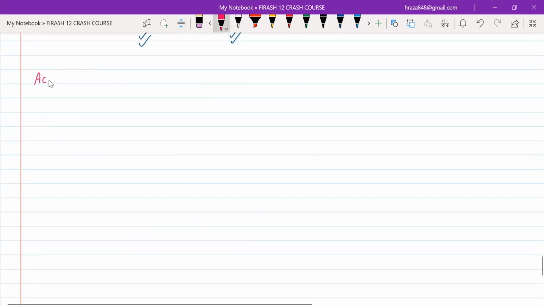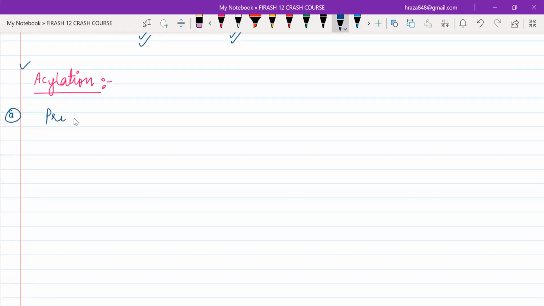Now the next reaction. Alkylation we have already studied in the previous chapter. So this is acylation. Acylation means you are going to react an amine with an acyl halide. And as I already told you, primary, secondary, and tertiary amines are treated as different functional groups only because they react in different manners with the same reactant. So we are going to do it first for primary amine, and basically here in acylation, the reactions of primary and secondary are the same.